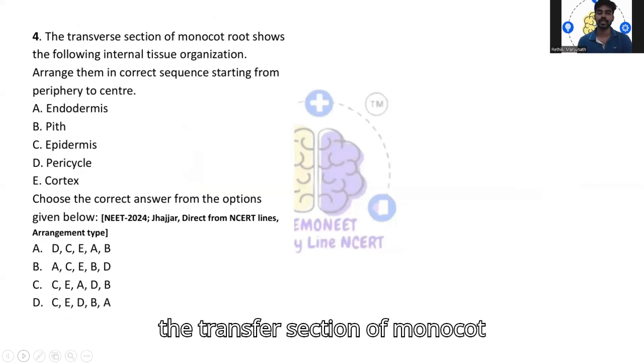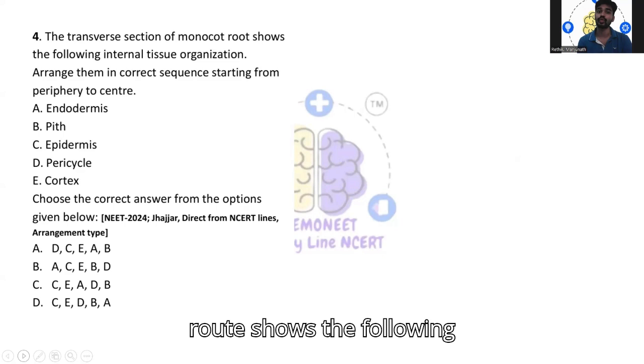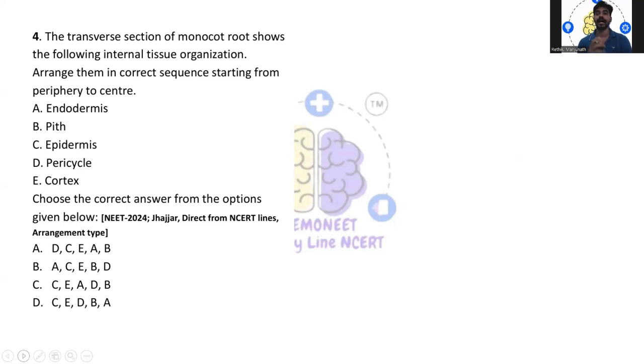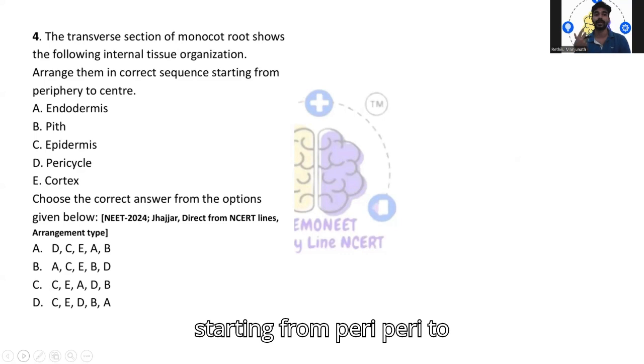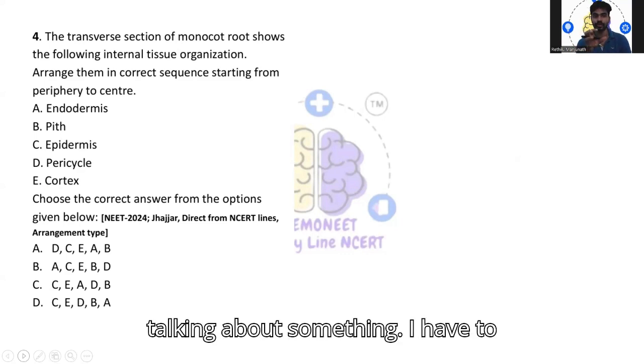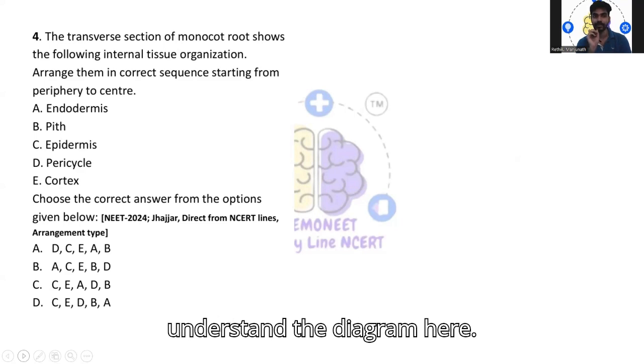The transverse section of a monocot root shows the following internal tissue organization. Arrange them in the correct sequence starting from periphery to central. So when I'm talking about something, I have to understand the diagram here.